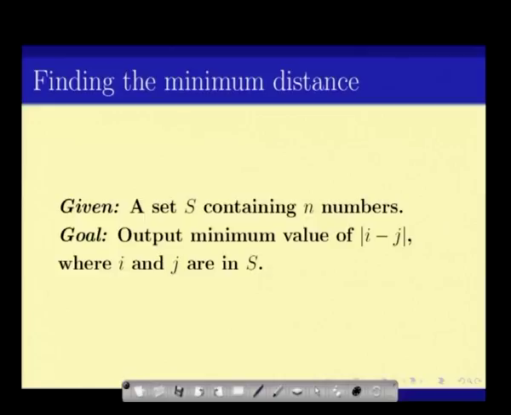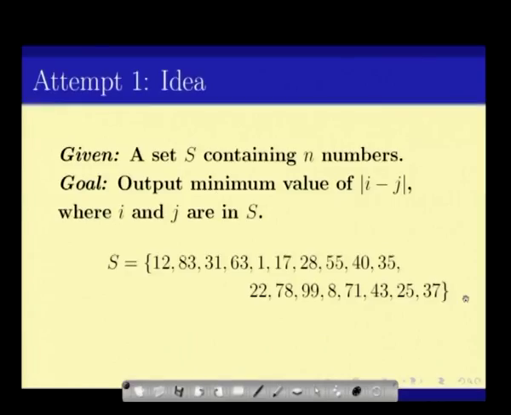S can be anything, and finding the minimum distance between two elements can be somewhat hard. For example, if this is S, a set of randomly chosen numbers, and I ask you what the minimum distance is, you will take a few minutes to decide. Just by looking at it one cannot say; we have to come up with a cleverer algorithm.